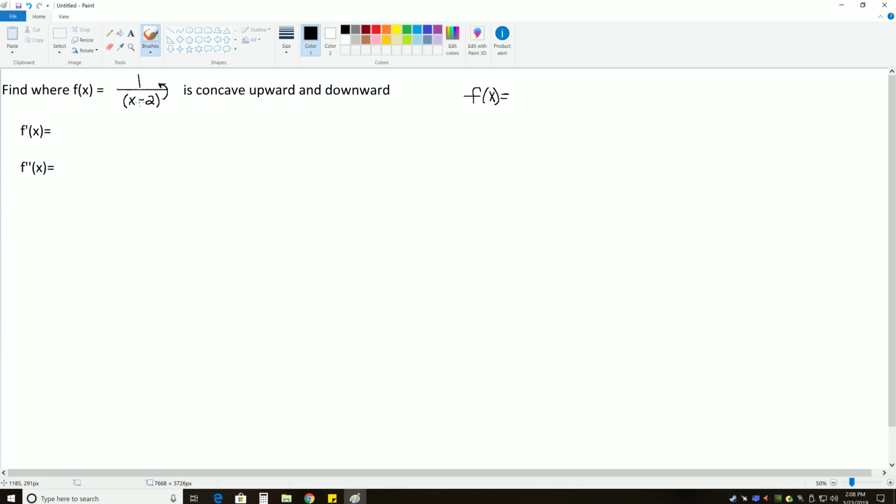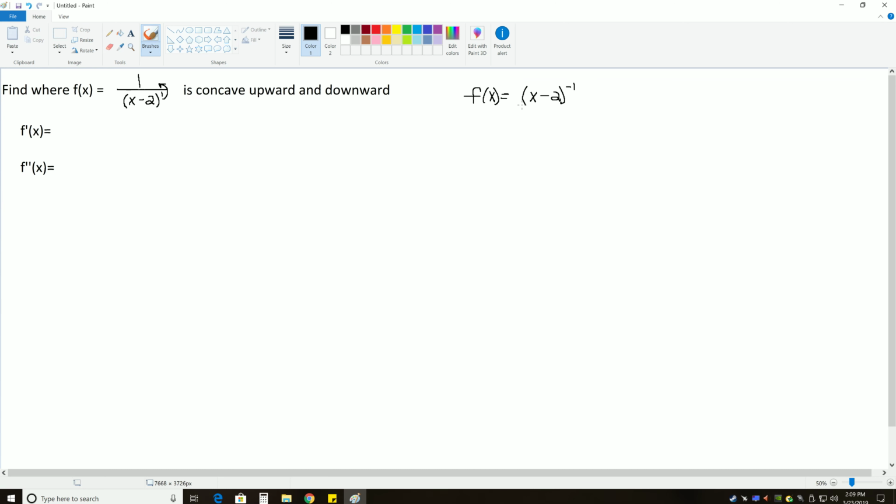Remember, whenever you move something from the numerator to the denominator or the denominator to the numerator, you just add a negative on its exponent and it's the same problem. So f of x equals 1 over x minus 2 is the same thing as the quantity of x minus 2 all to the negative first power. Our exponent in this case was just a 1 since we didn't have any. So we get x minus 2 to the negative first.